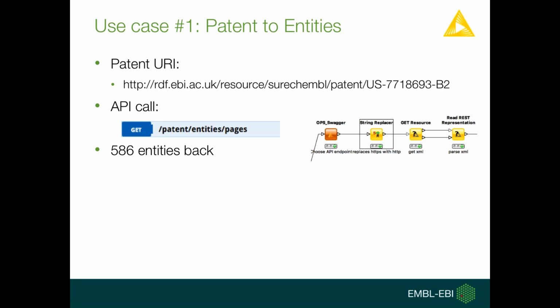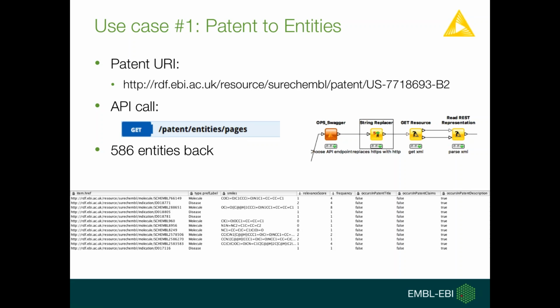So I can start with the patent URI and provide this to the API call to get all the entities for this particular patent. And this will return 586 entities, which are listed in this table. So there are molecules, diseases, and gene entities in this table.